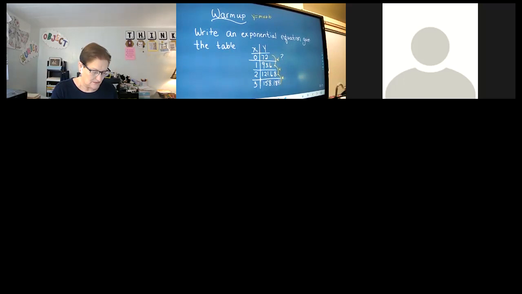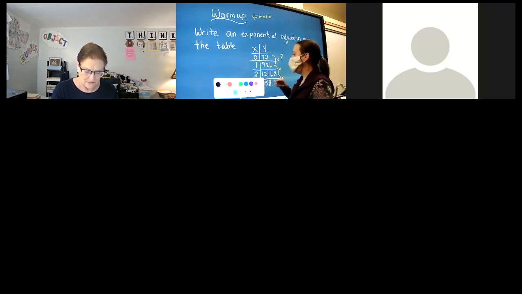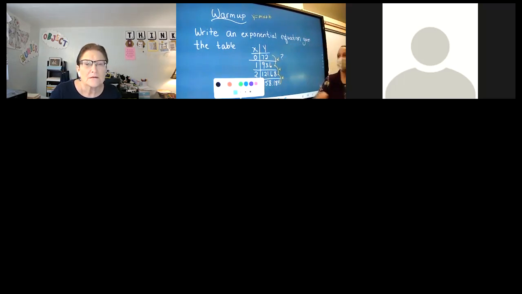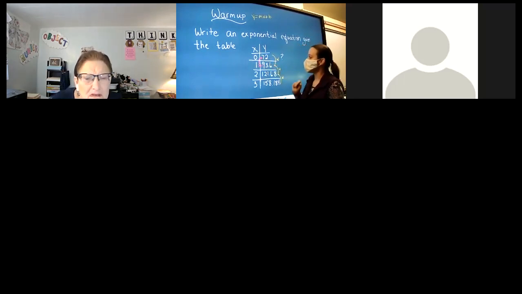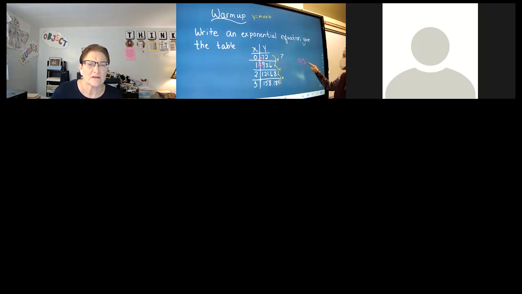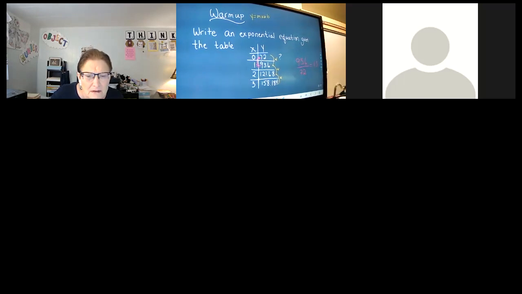These multipliers and these numbers are going to get weird, so you have to have a strategy to figure out your multiplier. Guess and check works, but the best strategy is to work backwards. If I take 93.6 divided by 72, that's where I get my multiplier of 1.3.